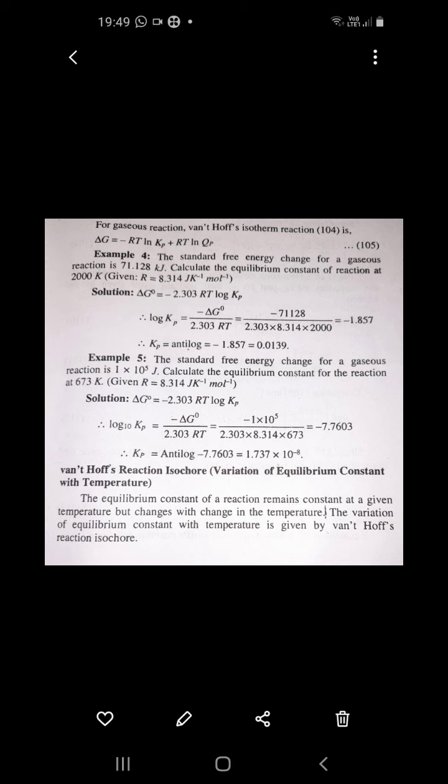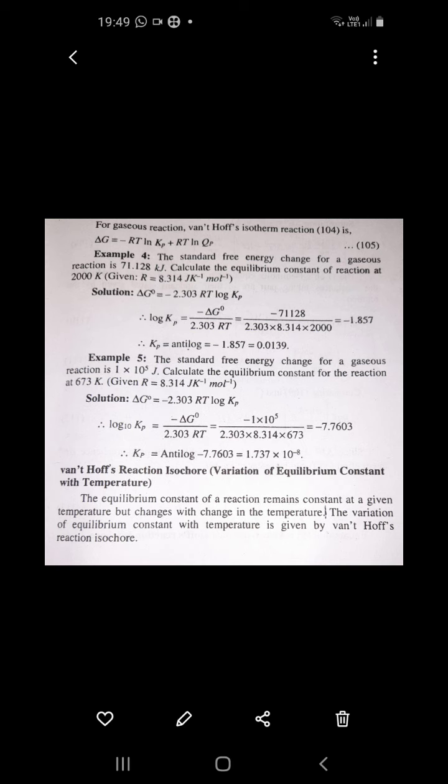Once you understand the van't Hoff isotherm, we will move to the next point, that is the van't Hoff reaction isochore. In short, the van't Hoff reaction isochore is called the variation of equilibrium constant with temperature.